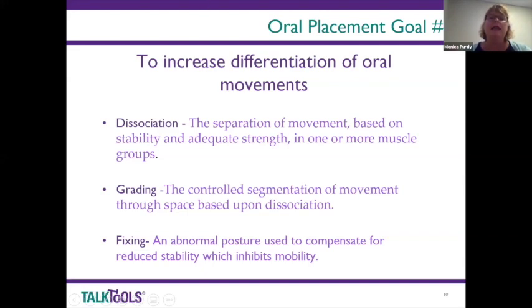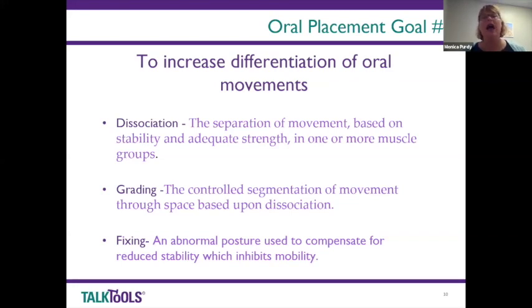This is the separation of movement based on stability and adequate strength in one or more muscle groups. And in the level 1 class, we will talk a lot about dissociation and actually how we assess dissociation and what it looks like. There is a developmental norm for dissociation.